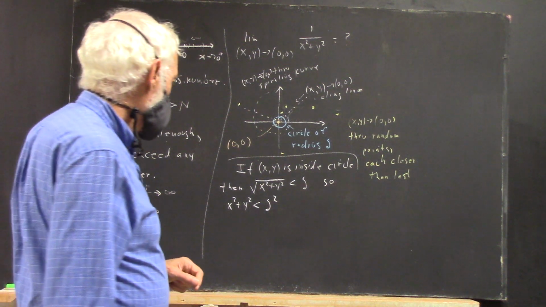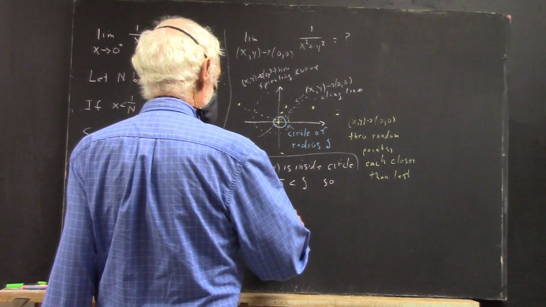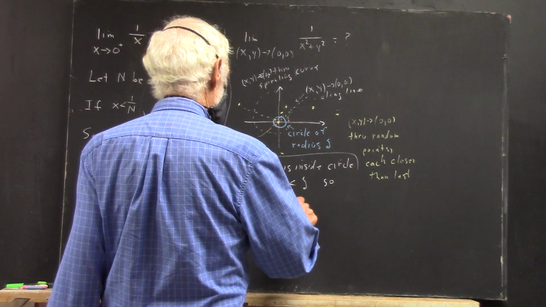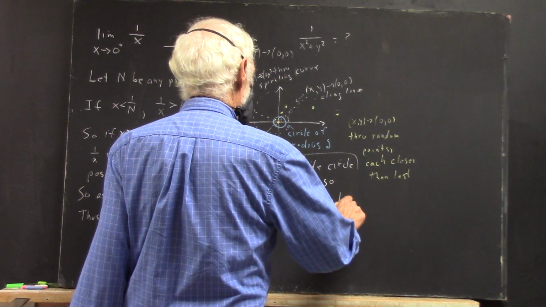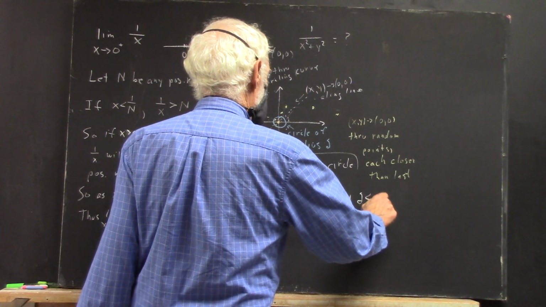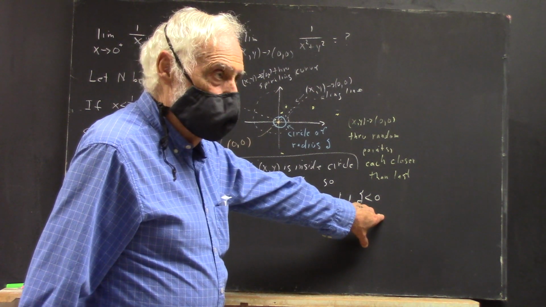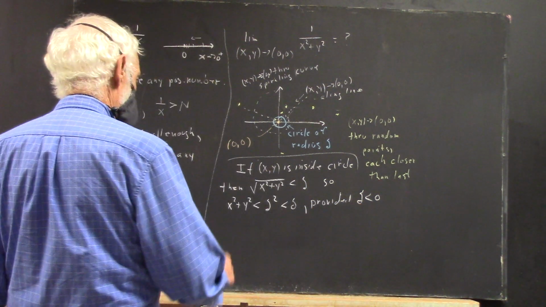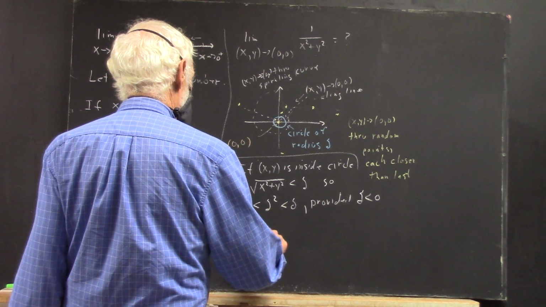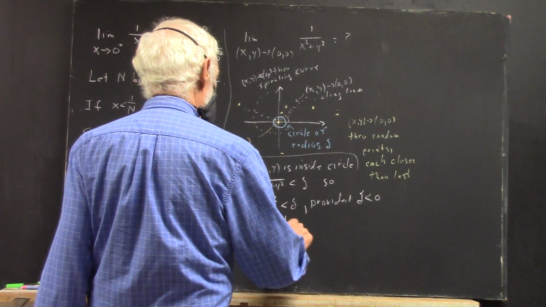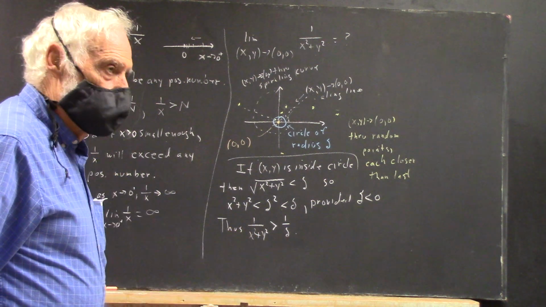So the point is then, of course, delta squared is less than delta, provided delta is less than 1, right? So 1 over x squared plus y squared is greater than 1 over delta.